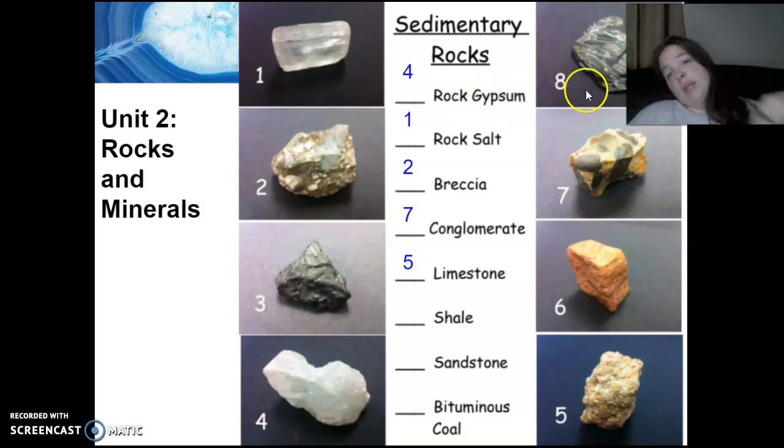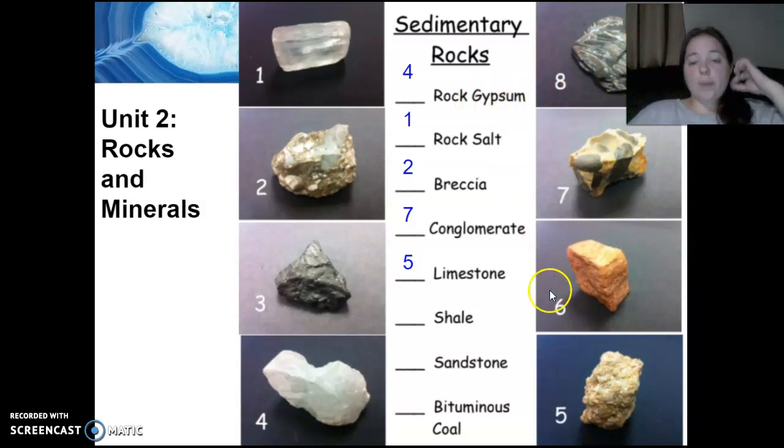It looks like maybe a plant or a leaf at one point. So number 8. Sandstone looks like sand in the form of a rock. Number 6. And bituminous coal, that one's going to be just about black, like a brownish black. You're left with number 3.